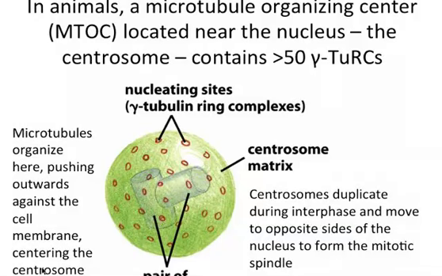Okay, this is the last slide, and then you can go away. So in animals, a microtubule organizing center, MTOC, located near the nucleus, is called the centrosome. It contains more than 50 gamma Turks.